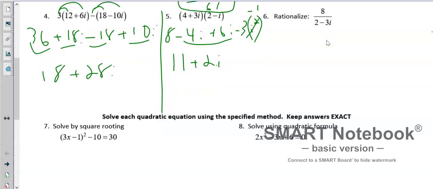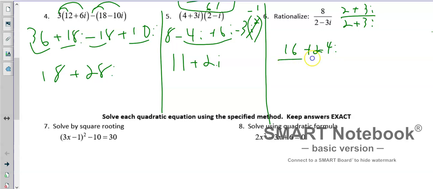Number 6, I'm going to rationalize. Again, I can't have the 2 minus 3i on the bottom, so I do the conjugate, 2 plus 3i. The exact same thing, just positive instead of negative. On the top, I'm going to distribute the 8: 16 plus 24i. Remember, distribute to both.